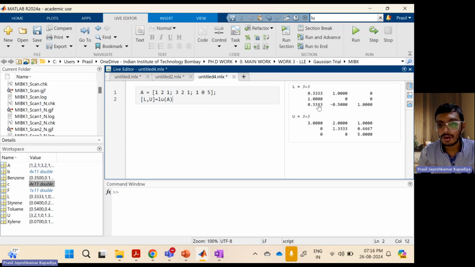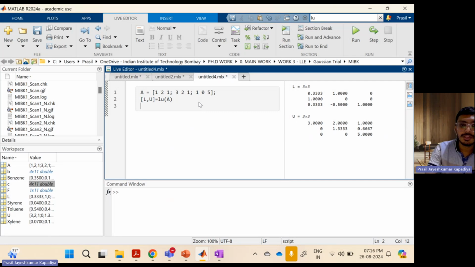This is the lower triangular matrix where all zeros are at the top, and this is the upper triangular matrix where all zeros are at the bottom.